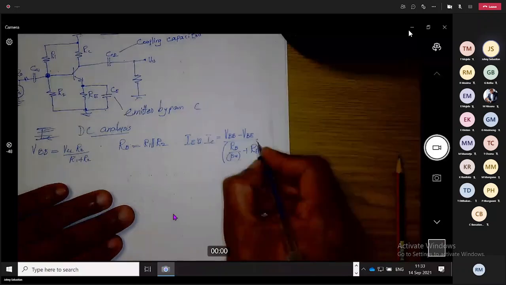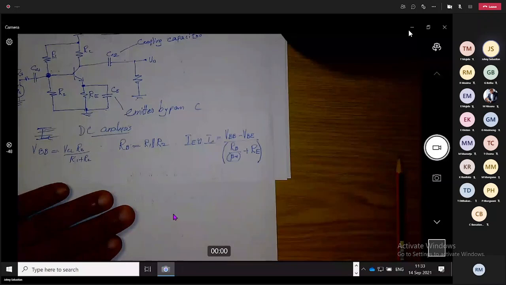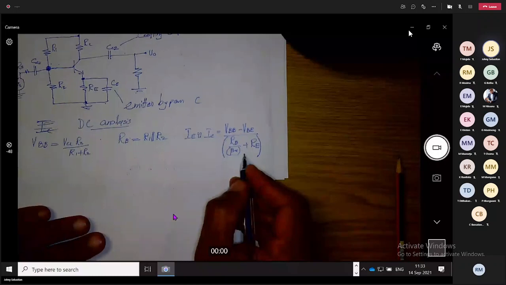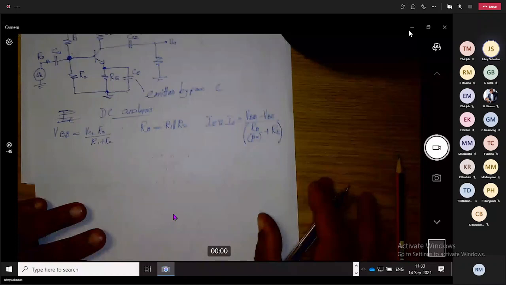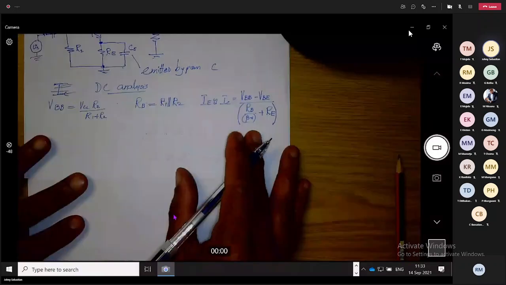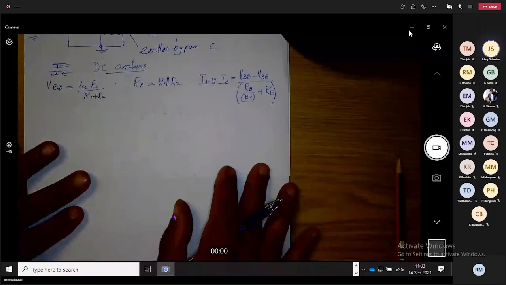We have done this kind of analysis while we did BJTs at DC. Now you can see whatever we learned before is coming back again. That also says something. If you forget what you did before, then you will be stuck again.